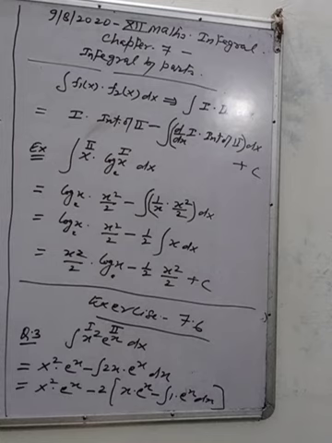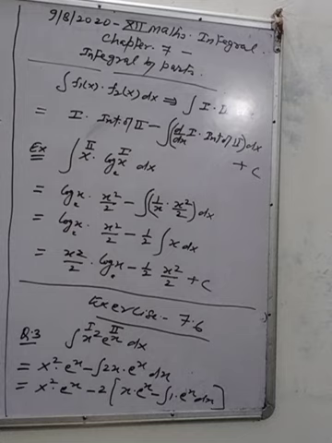Then in the case of x square sin x or x sin x, you will take x square as first and sin x as second. Okay, now the third point is, in a product of two functions, if both functions can be easily integrated, then what to do?